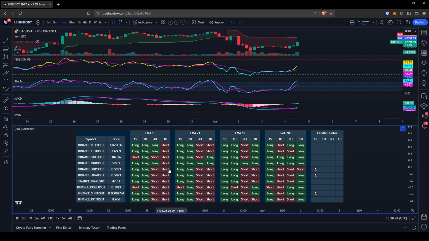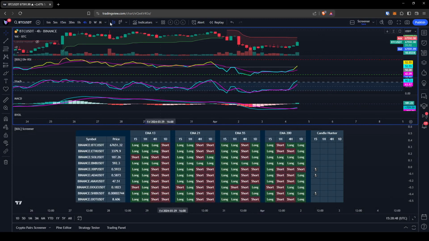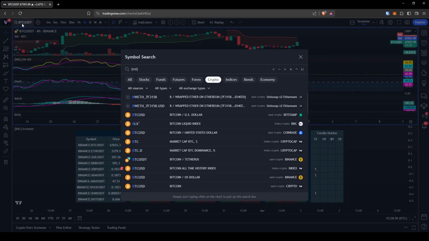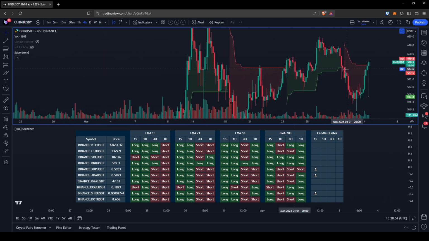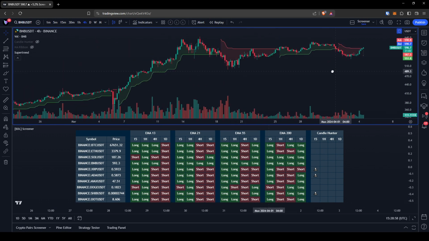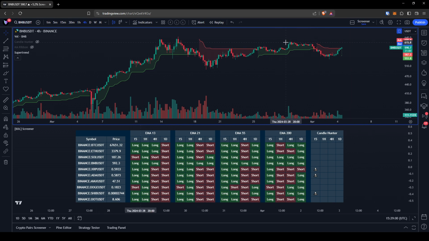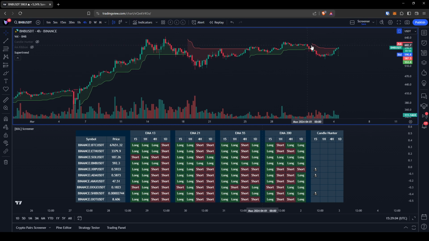BNB is similar, but BNB is looking very strong. BNB looks really good at the moment. Let's change it and have a look. BNB. Just a second. Yeah, the Supertrend is turning bullish, and somehow we are sideways.